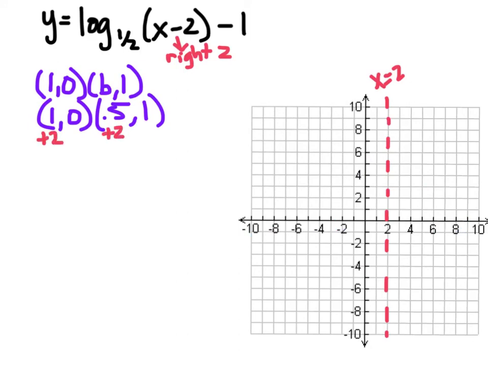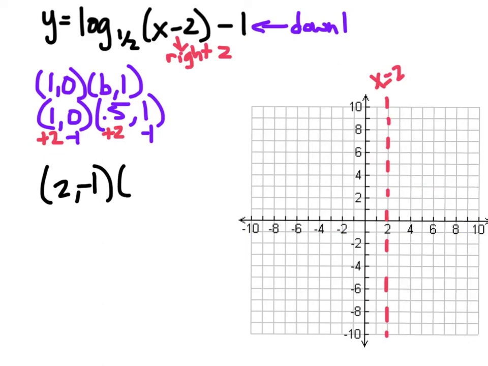Okay, and then finally this minus 1, what does that do? That's your k, so this is a down 1. So I'm going to have to subtract 1 from the y values. So my final points are 2, negative 1. Oh, nope, 1 plus 2 is 3, Mr. Myers. Idiot.